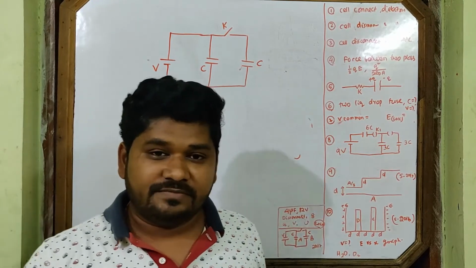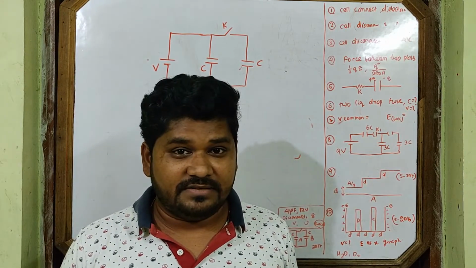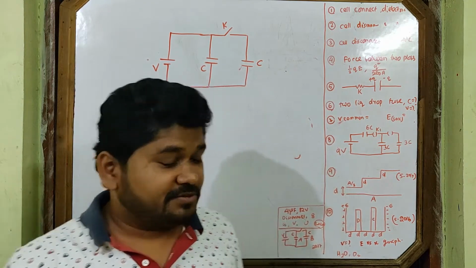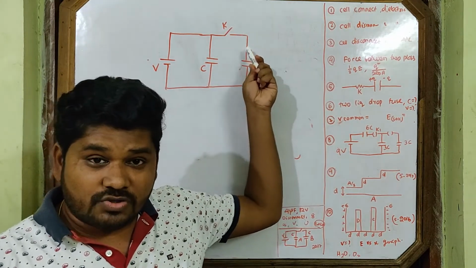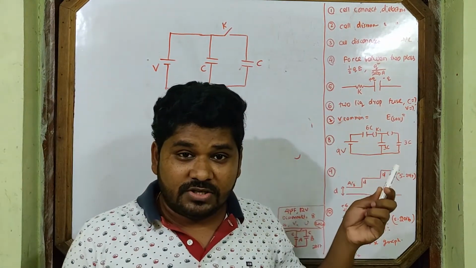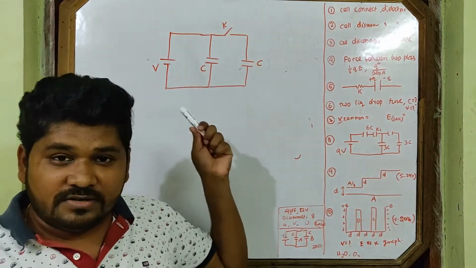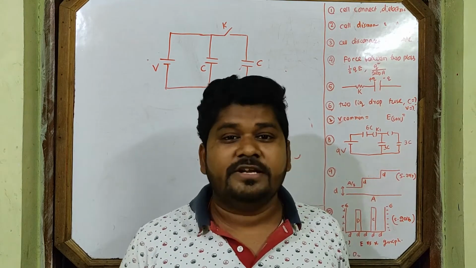Not cell, the key. First I told you, the key is closed and energy is stored. Then the key is opened and the dielectric inserted. Then find the ratio of the total energy stored.